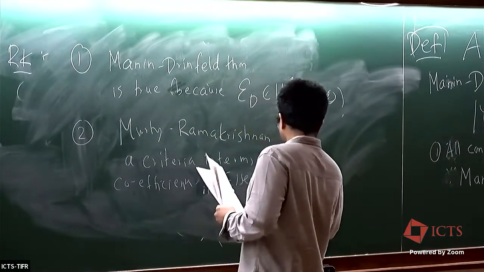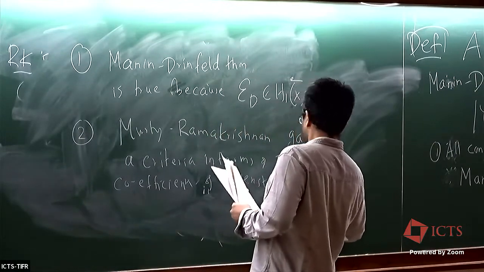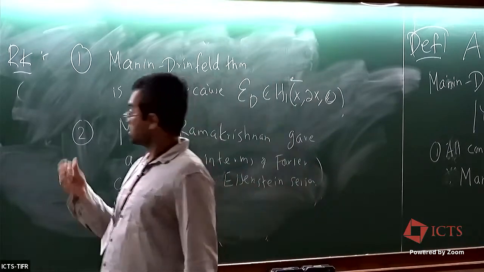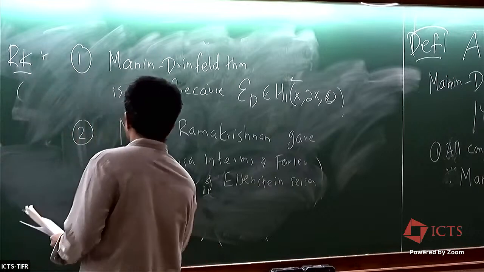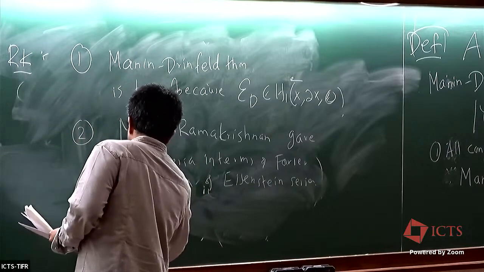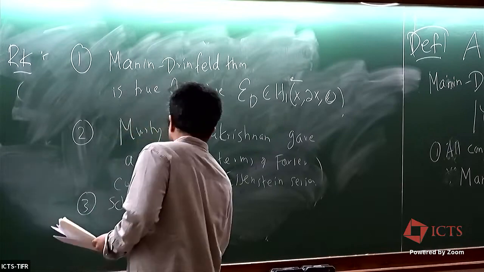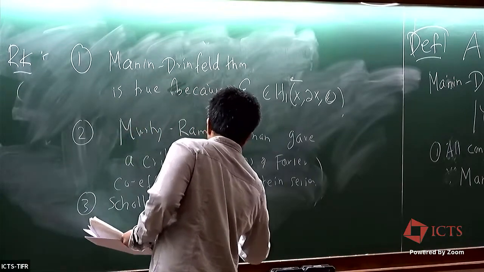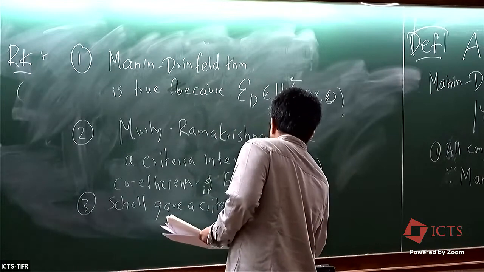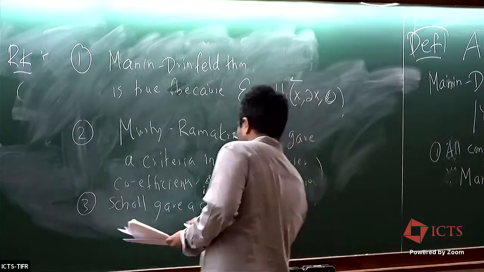You need to check all the Fourier coefficients of Eisenstein series to say whether these Eisenstein cycles, these D, are of finite order or not. But here in this case, only finitely many checks are required. And Scholl also gave a criteria in terms of Eisenstein series.